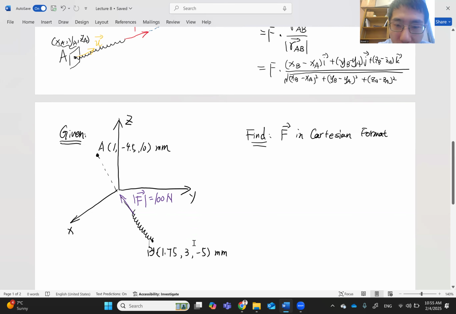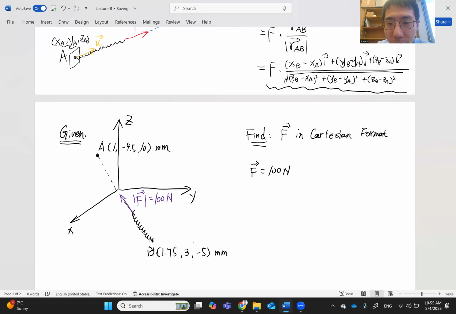Just plug everything into the formula from the previous page. First, the magnitude is 100. Then the direction is defined as a position vector divided by its own length.